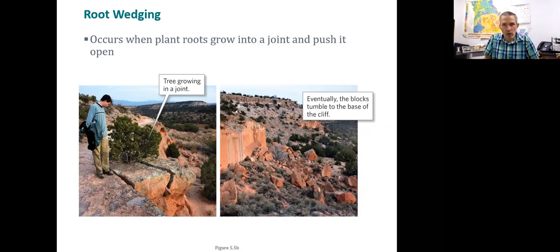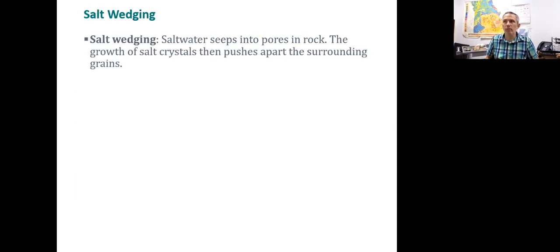You may have seen sidewalks where tree roots actually cause the concrete, kind of like a rock, to pull apart. We can also do this with salt. Salt water can get into those cracks, and those salt crystals can grow and pull these rocks apart.